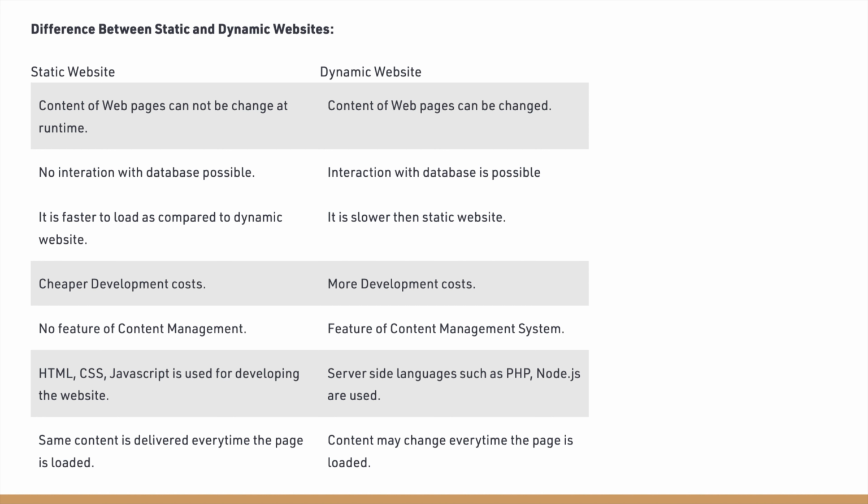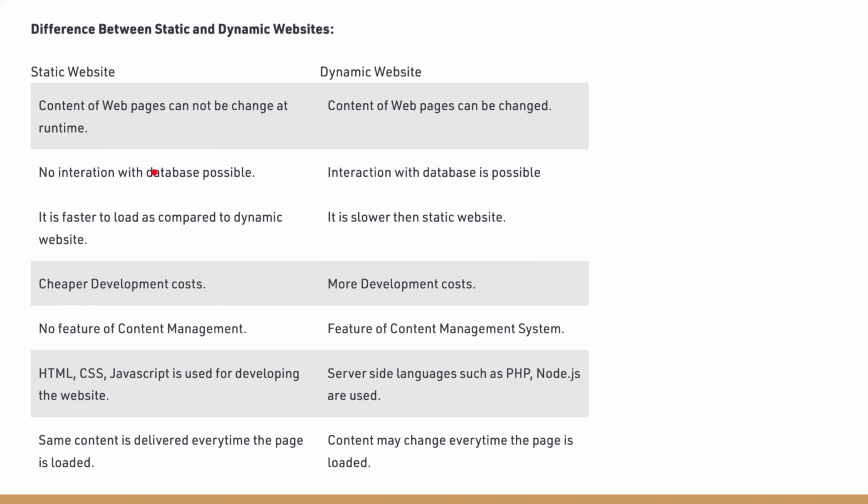So the content is not the same for me and you. Websites which offer different content to different people are called dynamic websites, whereas a static website is the same. If you see Wikipedia's Virat Kohli page, you get the same web page that I get. That is called a static website, and a dynamic website is the Facebook example I gave. So that's the difference.